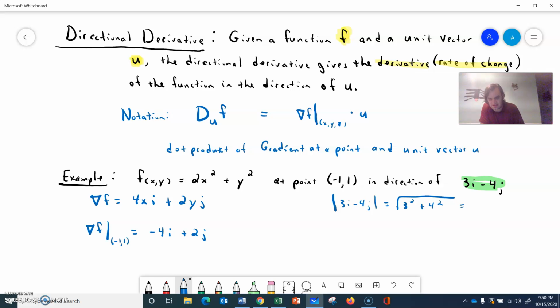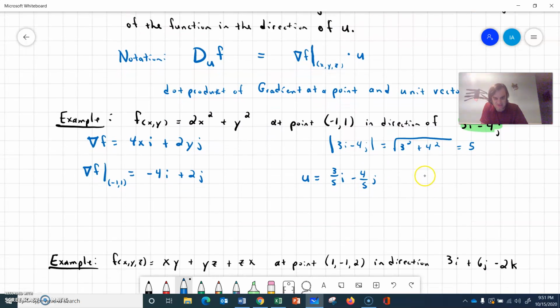That gives me 25. Square root of 25 is 5. So the u that I will use here will be 3/5 i minus 4/5 j. Alright, so that is the u. That's the direction we're going to move.